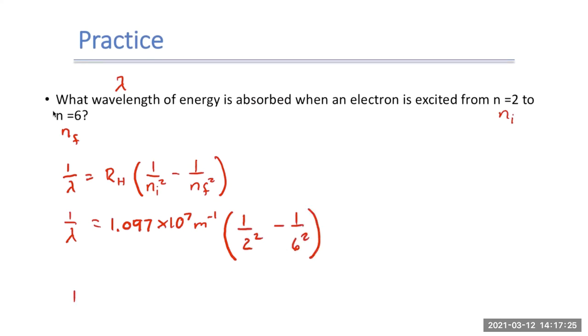That gives me 1 over lambda equals 2.438 times 10 to the 6 inverse meters. Once I take the inverse to figure out lambda, that equals 4.102 times 10 to the negative 7th meters.